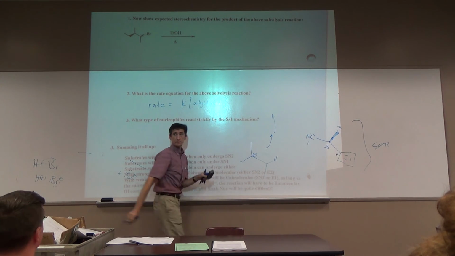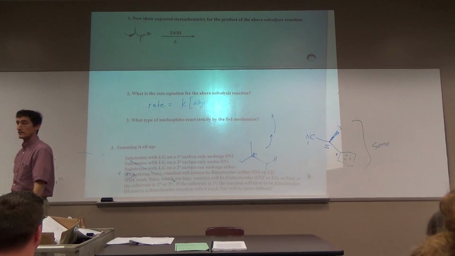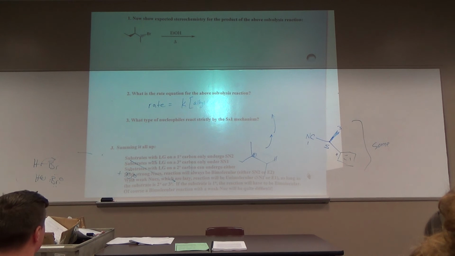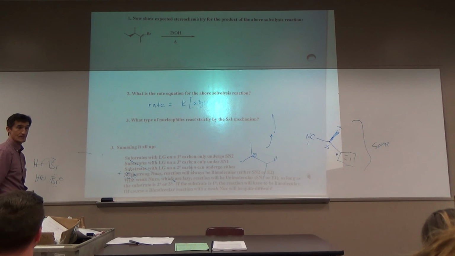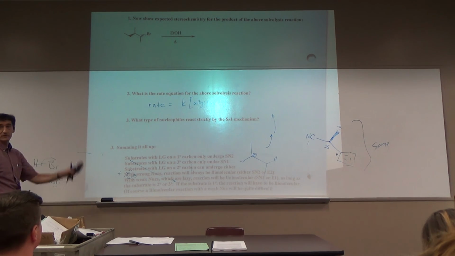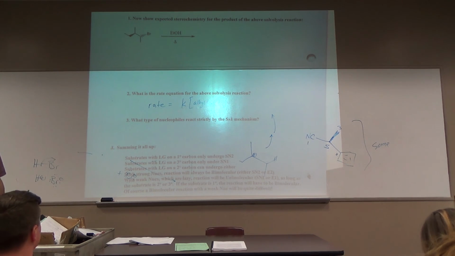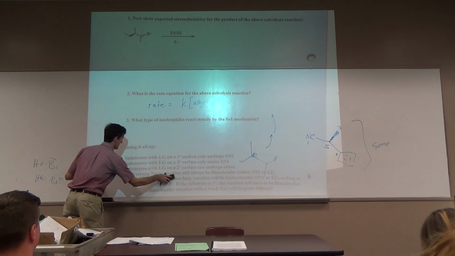Anything else in the rate equation? It's SN1. There's only one thing in the rate determining step. That's it. Does the concentration of the ethanol matter with the rate? No. Does not matter.